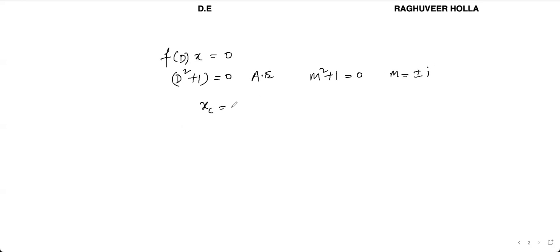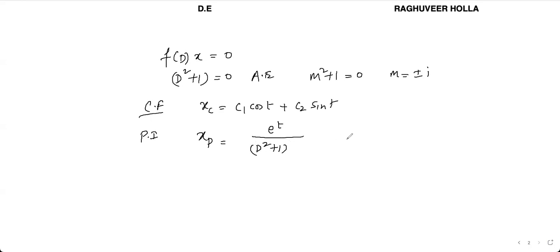So xc will be c1 cos t plus c2 sin t. Now we have to find the particular integral, that is xp, which is e to the power of t divided by D square plus 1, plus sin t by D square plus 1.